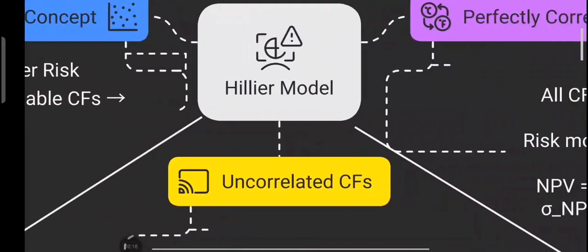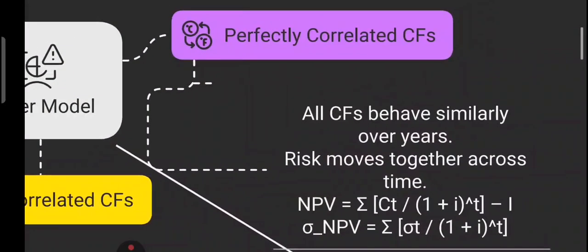Now comes perfectly correlated cash flow. Very important. What is the meaning of perfectly correlated cash flow? If all the future cash flows move in the same direction over time. I think you know the meaning of correlation. If one thing moves in one direction and the other thing also moves in the same direction, then they are called perfectly correlated.